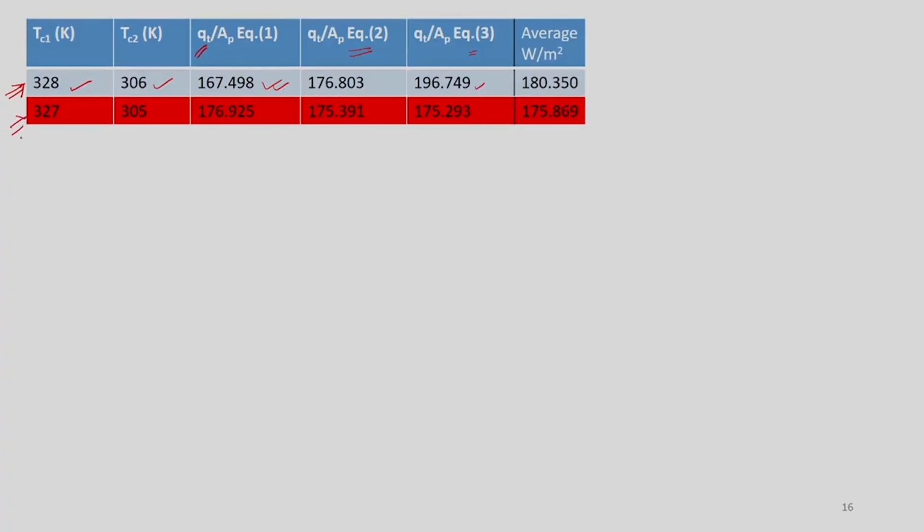Okay. So, as per my calculations, I have varied the temperature to 327 for TC1 and 305 for TC2, and it is found that this approximation actually gives very close results. Okay.